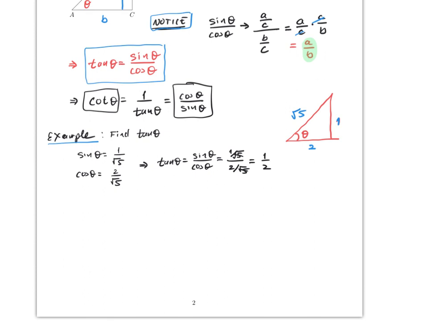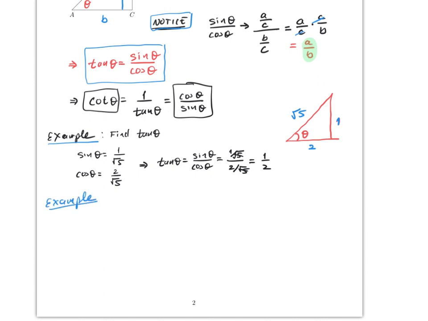So if you create the triangle first, tangent is the opposite, which is 1, over the adjacent, which is 2, and you get the exact same answer. But for now, it's very important that you do it this way, because you're going to need this a lot in chapter 5 especially. So let's do one more example of that.